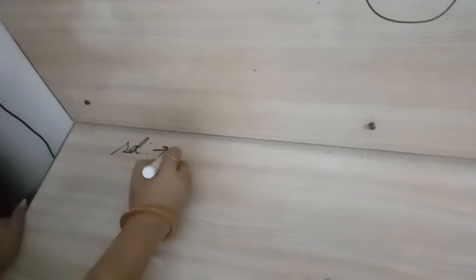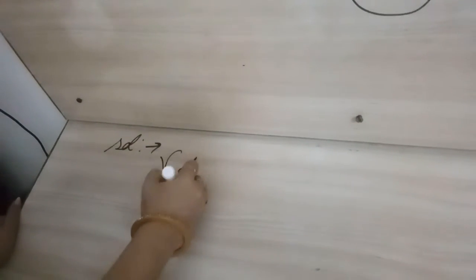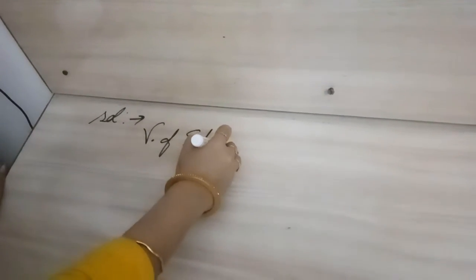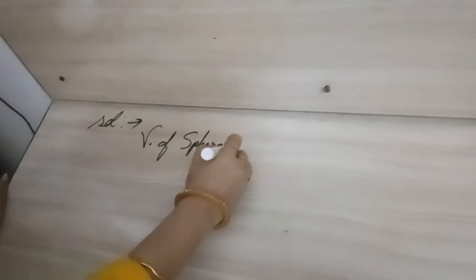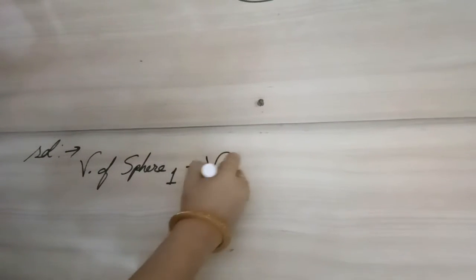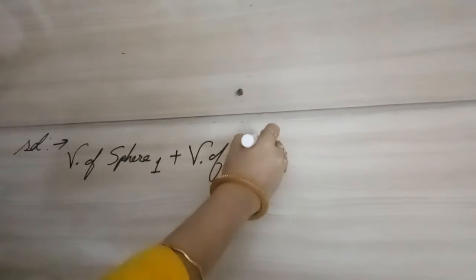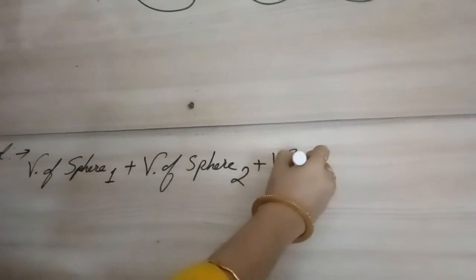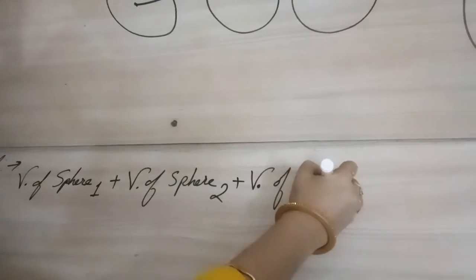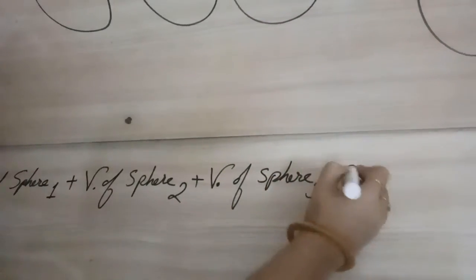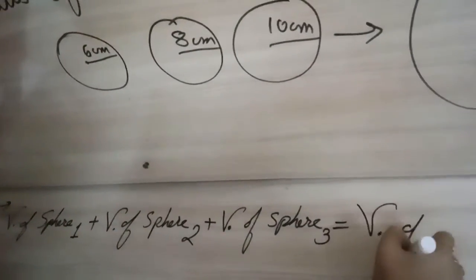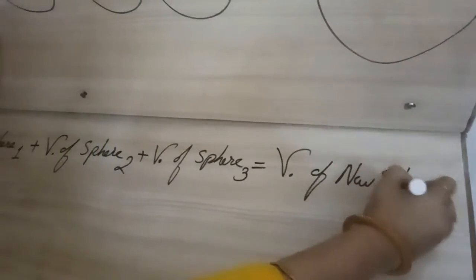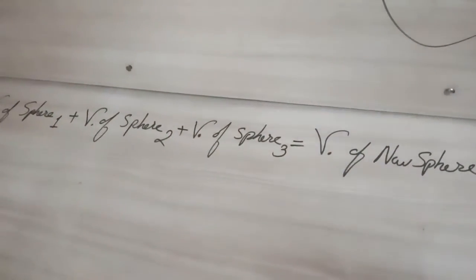Basic concept, we know that volume of sphere, we will name it sphere 1 plus volume of sphere 2 plus volume of sphere 3 is equals to volume of new sphere, which is the resulting sphere. Okay, so volume of new sphere.